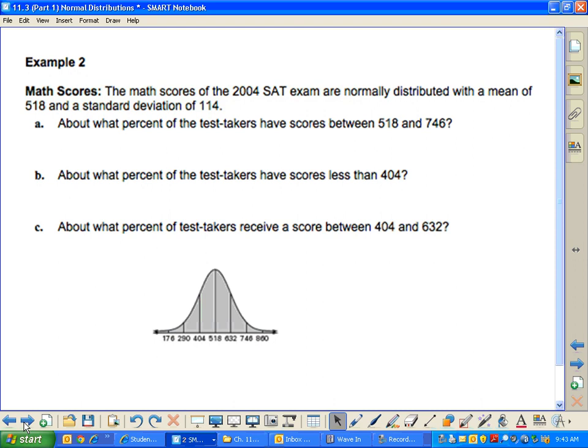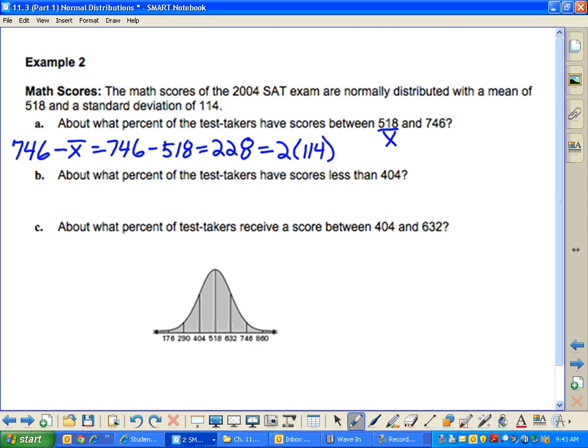746. I noticed that 518 is my mean. And now I need to determine how 746 differs from the mean. So if I want to determine how 746 differs from the mean, I'm taking 746 and subtracting the mean, because differs in math class means subtract. What I notice is that that's 228, which equates to 2 114s, which is the same as 2 standard deviations above the mean.